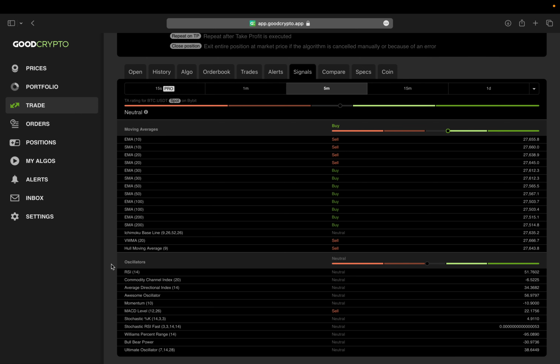So basically, oscillators counterbalance the moving averages. Moving averages are like very quick-firing buy or sell signals, and oscillators smooth it down. Okay, so these are in a nutshell what the signals do.